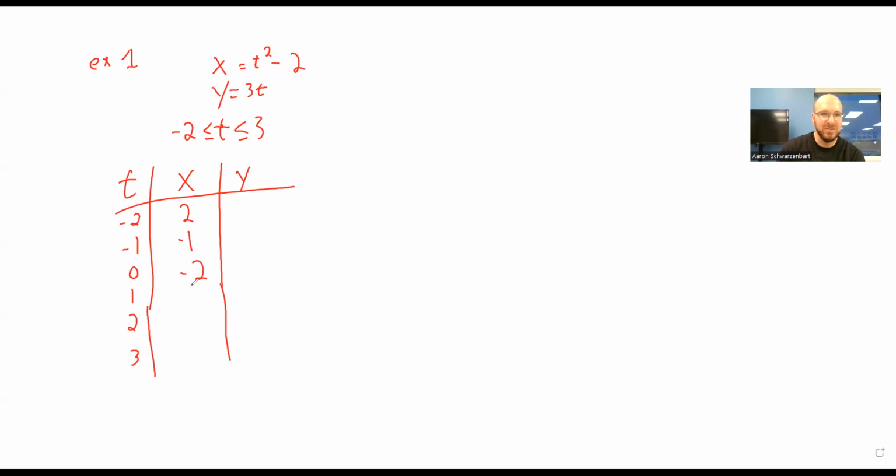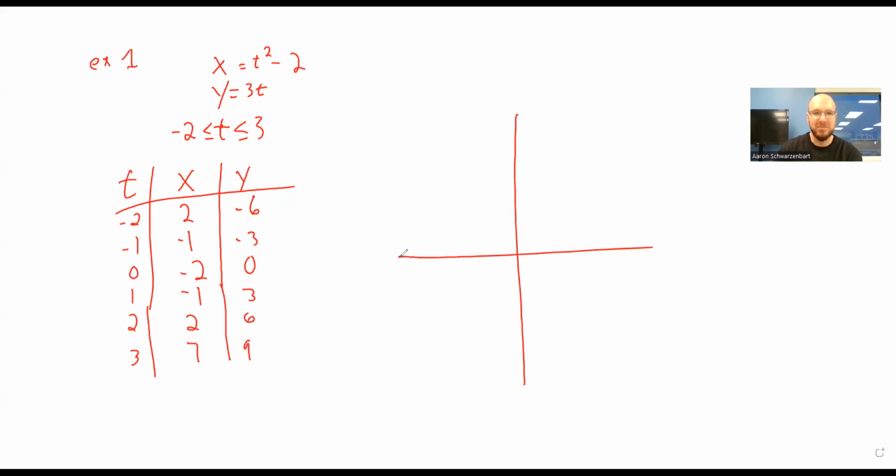So x is 2, negative 1, and so on up to 7. Y is 3t: negative 6, negative 3, 0, 3, 6, 9. So I'll plot x versus y.